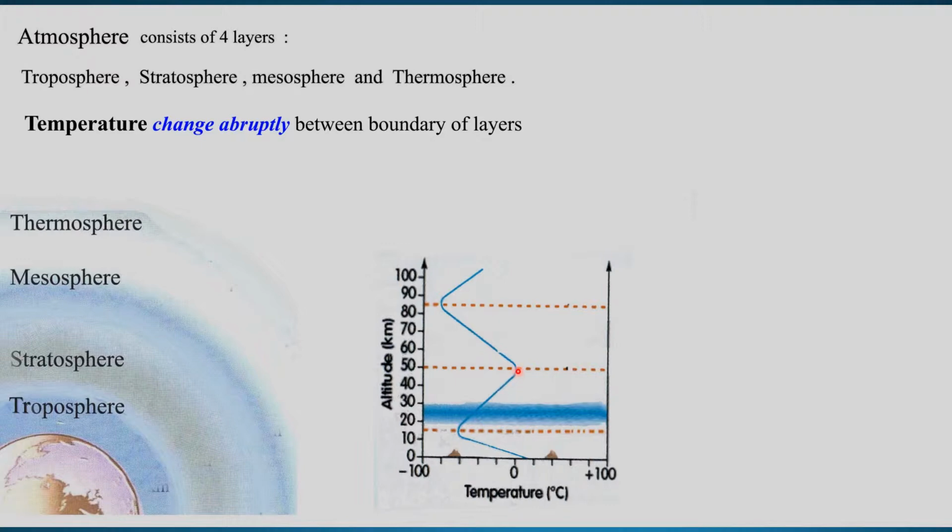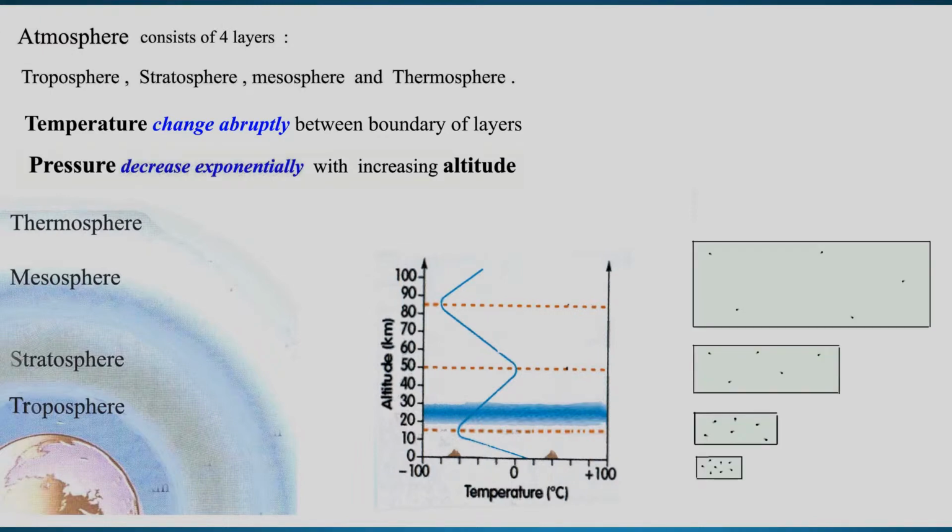And once you pass to the mesosphere layer, the temperature drops again. The higher you go, the colder it gets, very much like a zigzag. So between one sphere and another, the temperatures are sharply different.